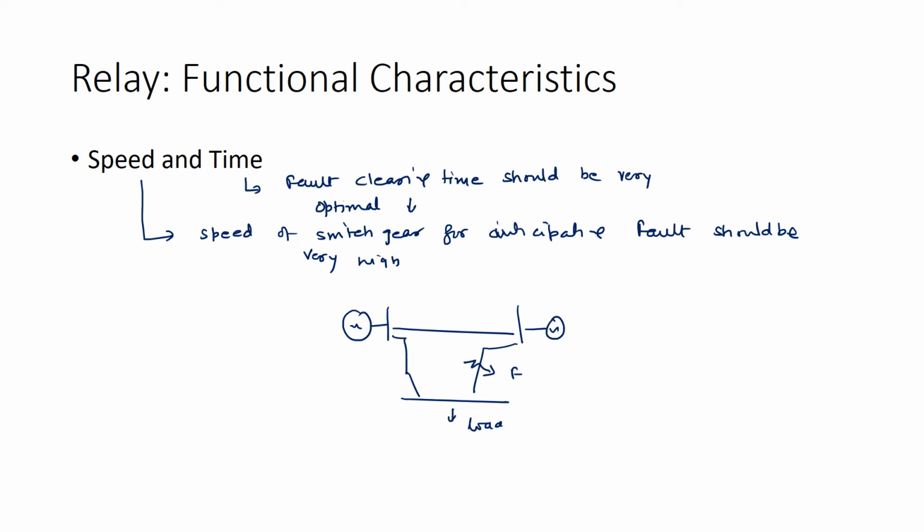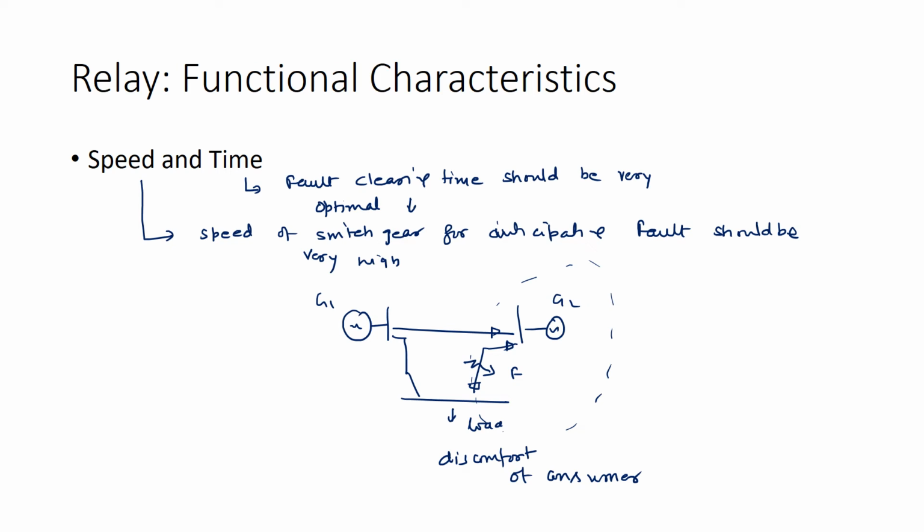Suppose the transmission line is not cut within a stipulated time and the protection system fails here, then G2 is also affected, and this whole part will suffer from the fault. Ultimately it results in discomfort to the consumer, and there will be a power cut. These things we don't want.